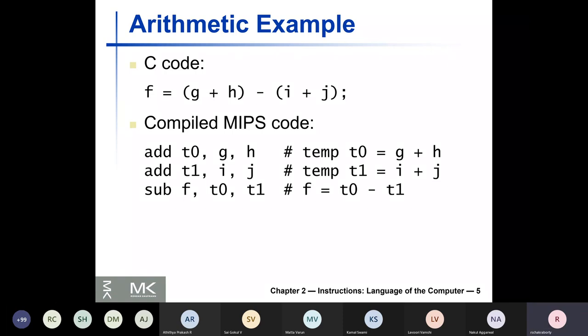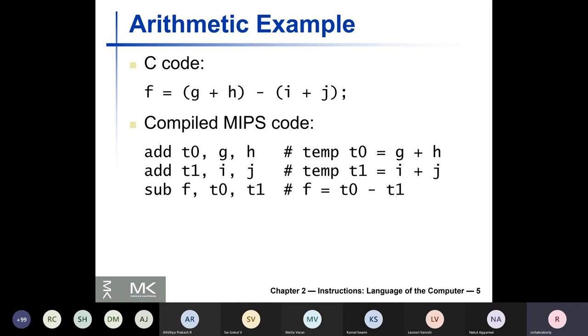Now, one feature of the MIPS instruction set is that it will take exactly two source operands, operate on them, and not more than two. So in this case, if it was possible to take all four operands on the right hand side at a time, you could have computed F directly. Unfortunately, that is not possible.